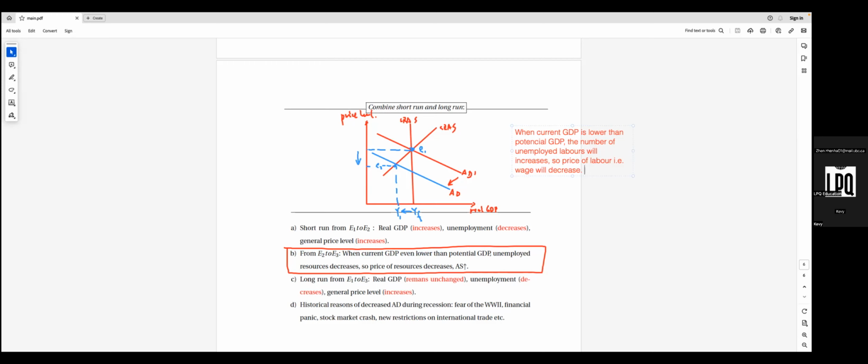So as a result, producers will increase their production.